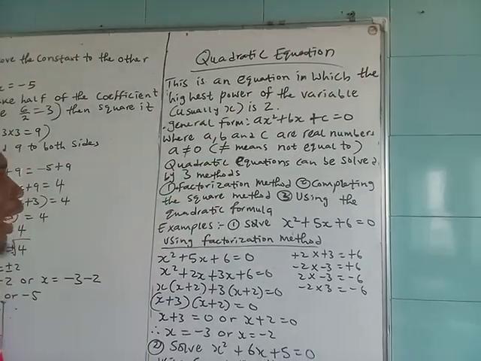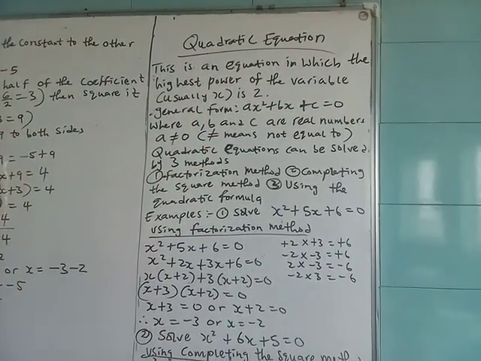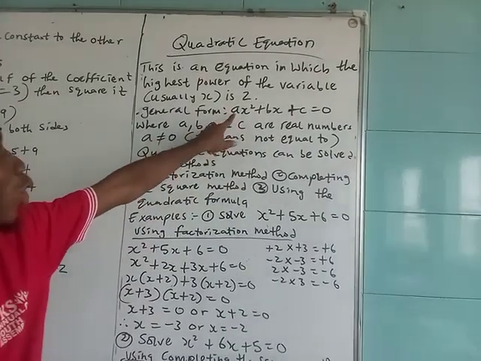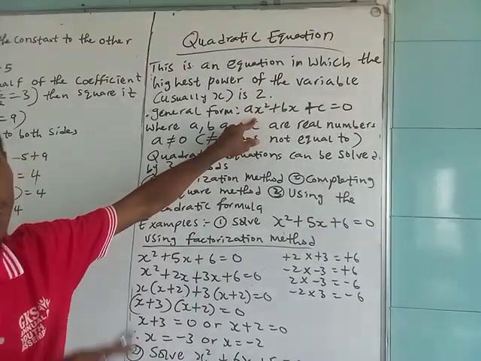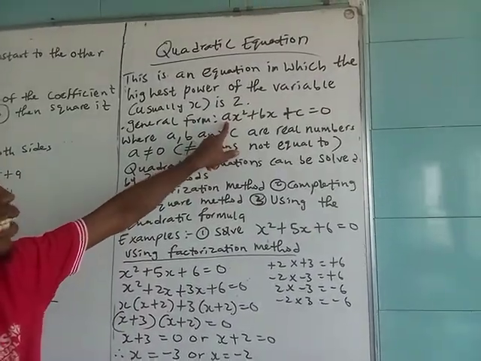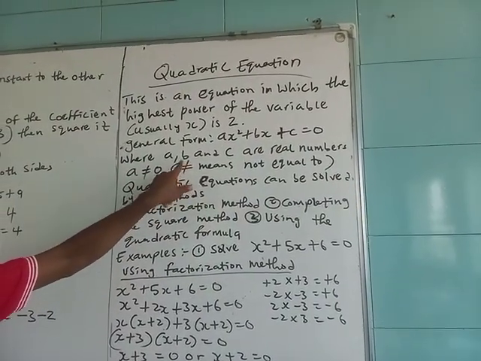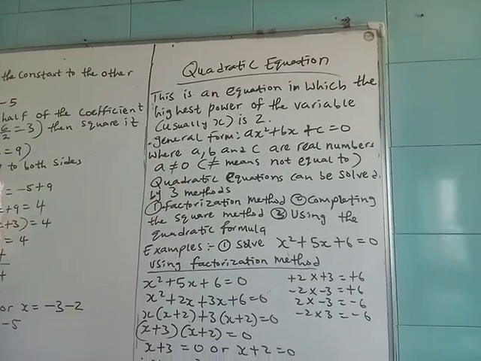But here we're looking at these constants a, b, and c. They are real numbers where a is not equal to 0, because if a is equal to 0, this expression will give 0. So for a quadratic equation, a is not equal to 0. That's the meaning of this symbol: it means not equal to 0.